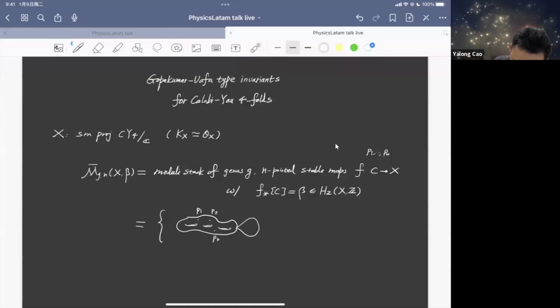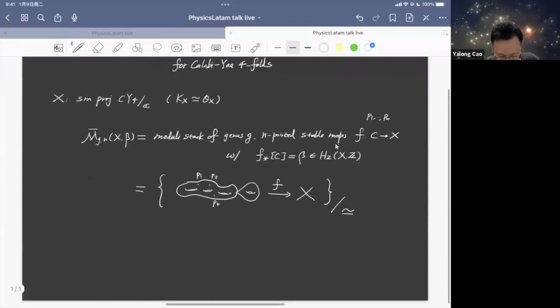And apparently there could be some bubbles attached to this curve. And such curves map to our Calabi-Yau fourfold X. And we consider all possible such maps up to some equivalence. So anyway, this is a standard notation you particularly see in the so-called Gopakumar-Vafa theory.